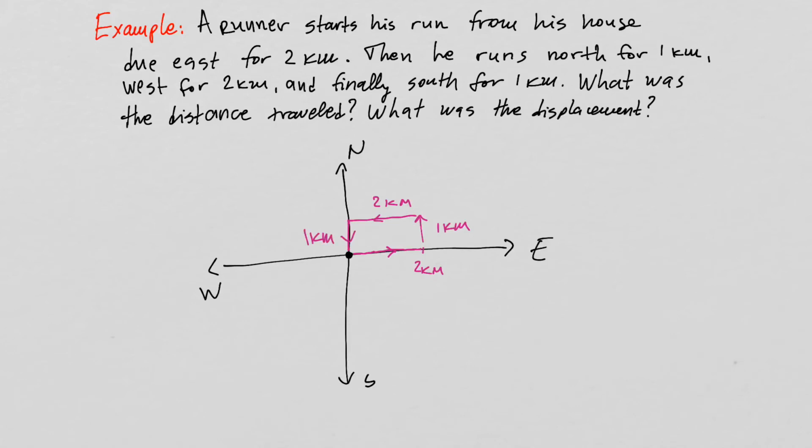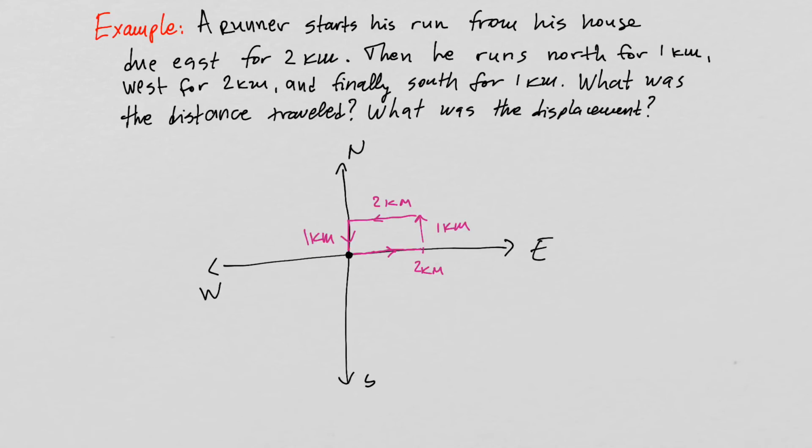So this is the sketch of the movement of the runner. So one more time: east 2 kilometers, north 1 kilometer, west 2 kilometers, and then south 1 kilometer. I included arrows here to indicate the direction of motion.